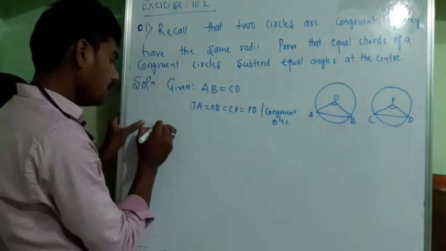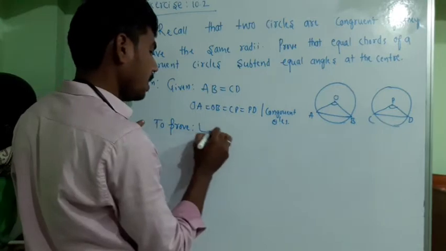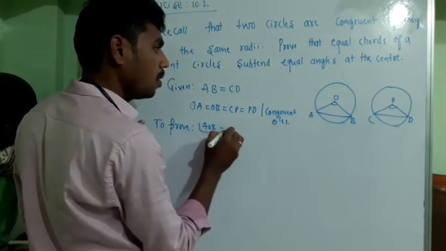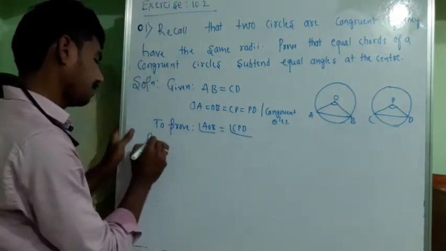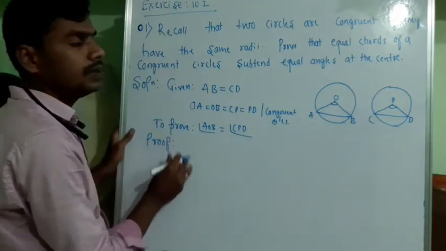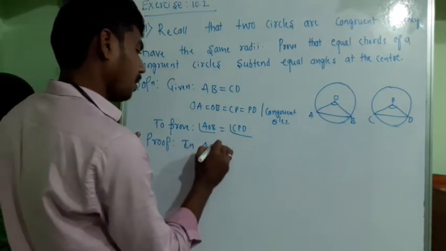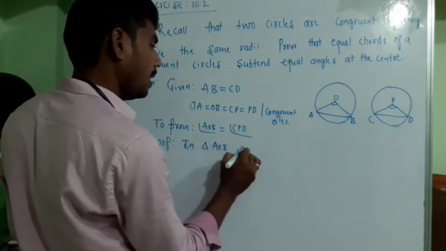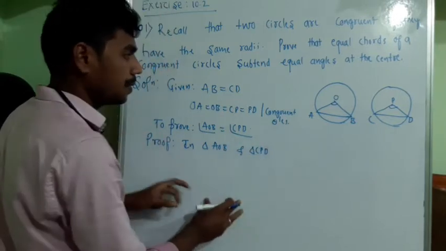So what to prove? To prove angle AOB is equal to angle CPD. Proof. Very simple. In triangle AOB and triangle CPD, what all can we write?